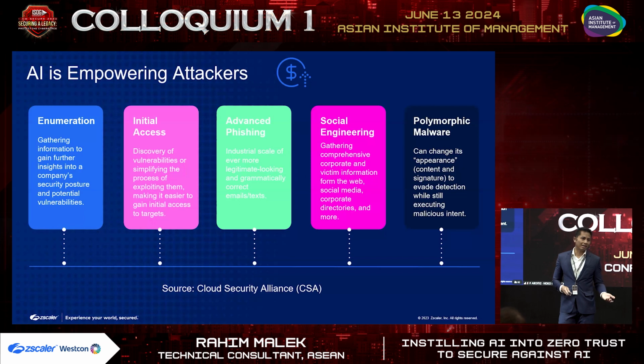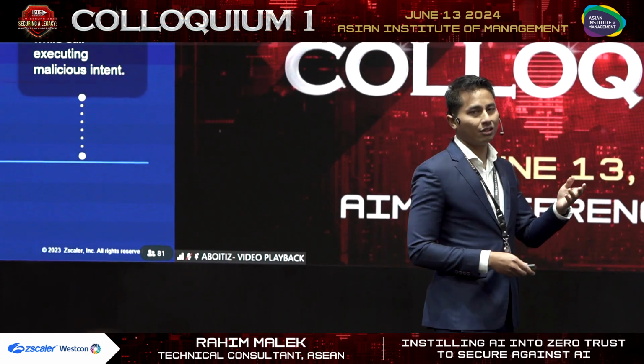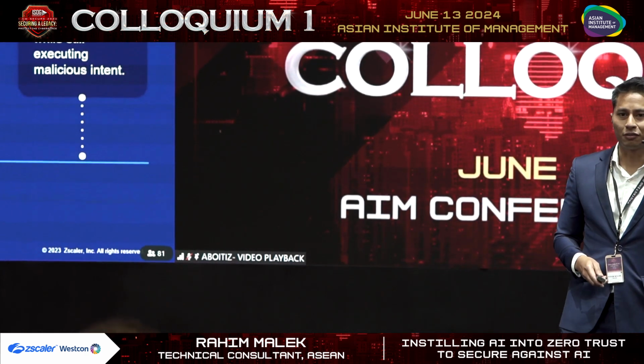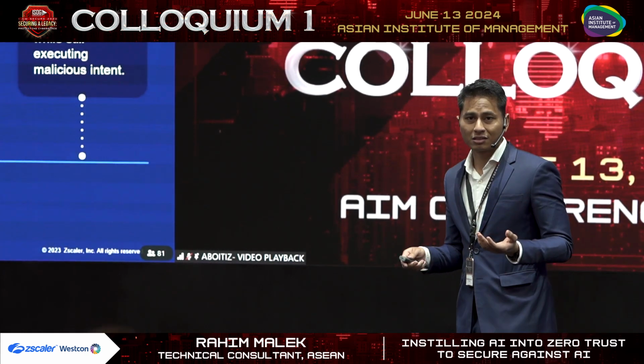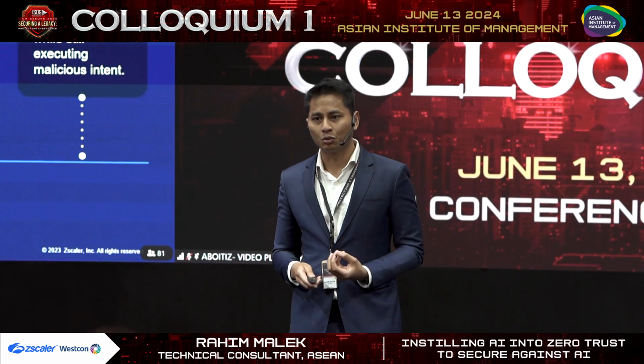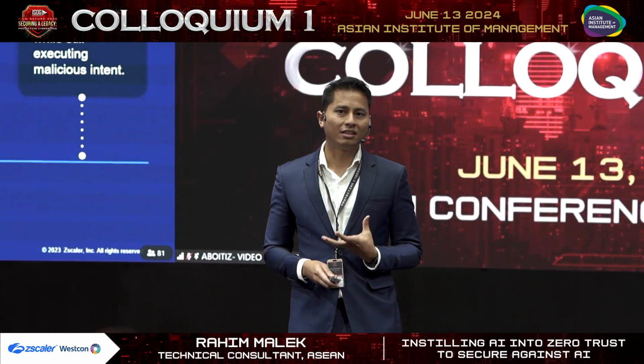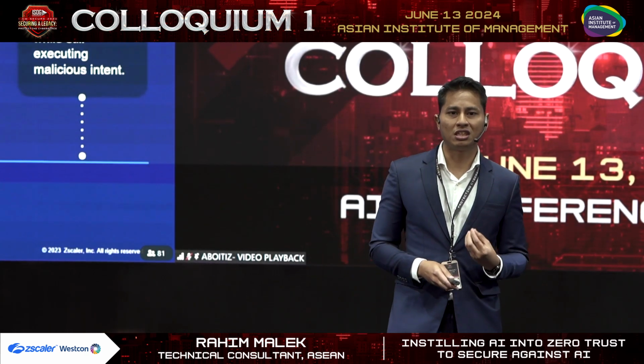And when we talk about initial access, again, discovery of vulnerabilities. Just now, like Sir Christopher mentioned from Rapid7, we talk about advanced phishing. It is now relevant for threat actors and adversaries to use AI tools to craft almost realistic phishing messages and phishing emails.